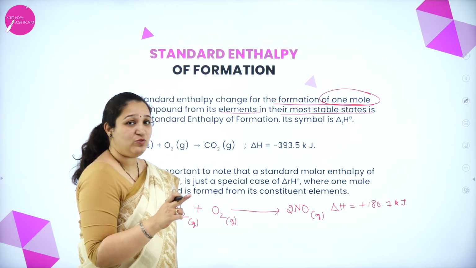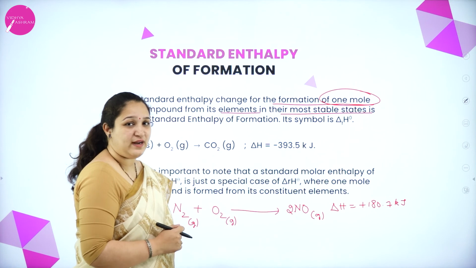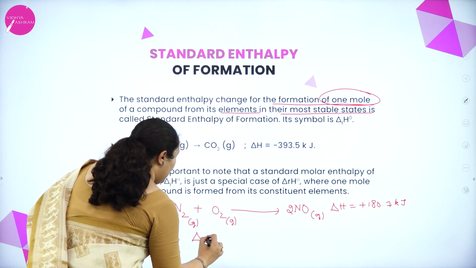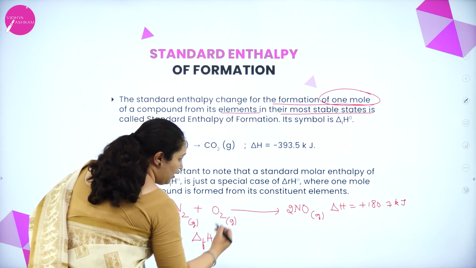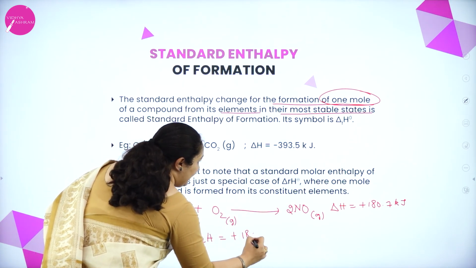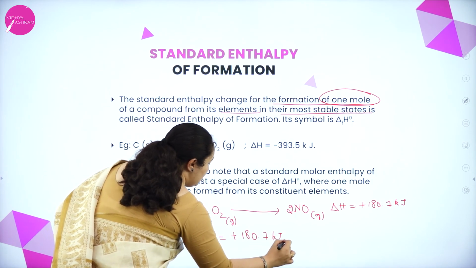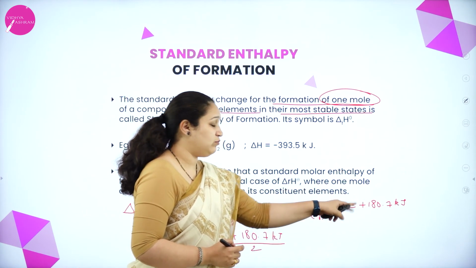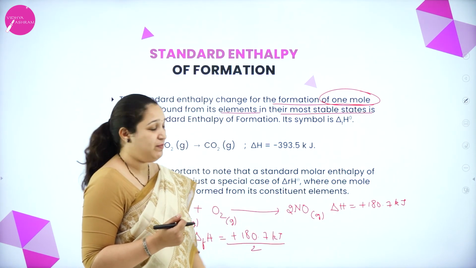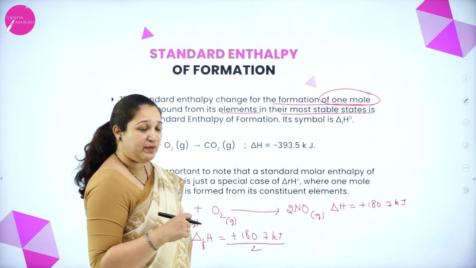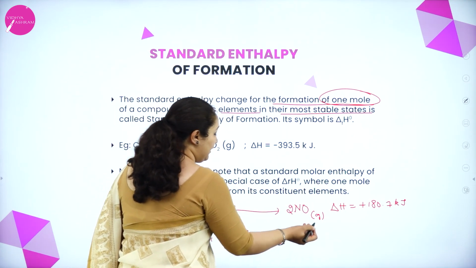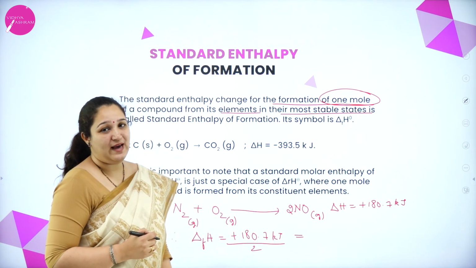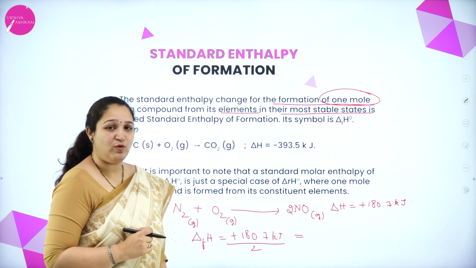I need the value for 1 mole of formation of nitric oxide. So, how do I calculate? Therefore, the standard enthalpy of formation here for nitric oxide is plus 180.7 kilojoules divided by 2. Why? For 2 moles, so much heat. So for 1 mole, how much heat is required? Because it is plus, it is an endothermic reaction. So this will be equal to 90.35 kilojoules. Correct, no? So that is how we calculate the standard enthalpy of formation.